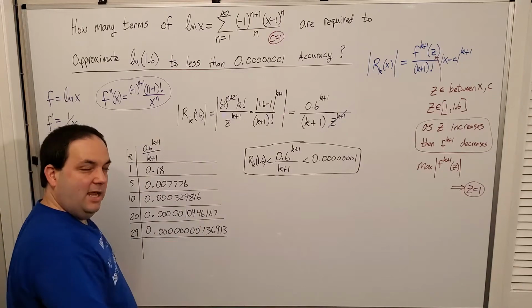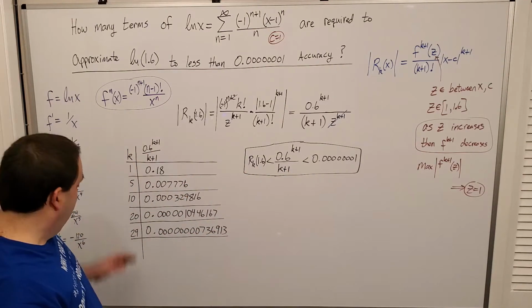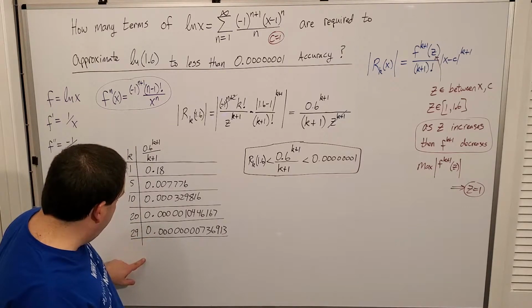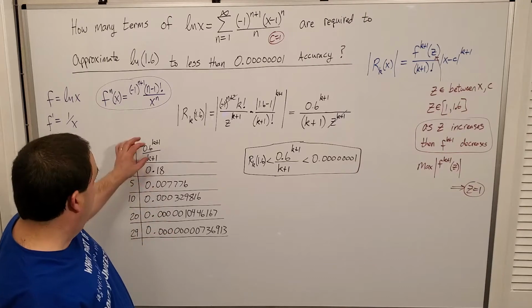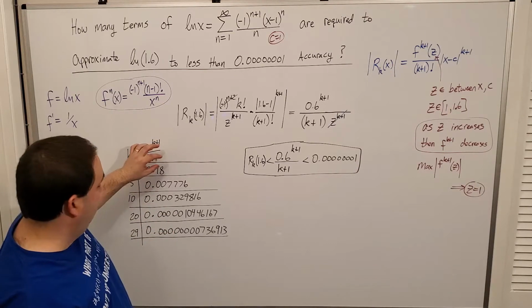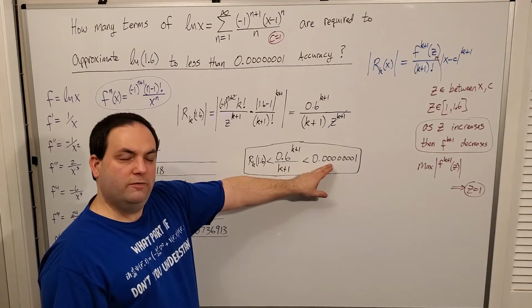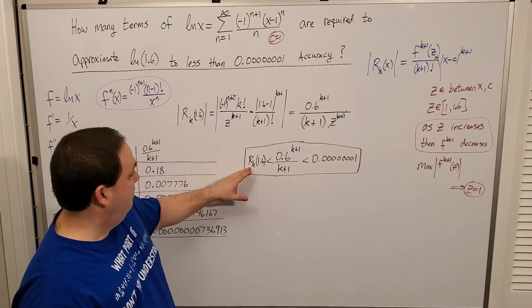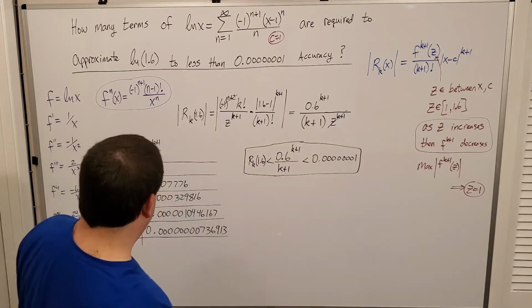So since they were in the same decimal place, it wasn't technically less. So right here at the 29 is where I can actually say this number right here, the error maximum calculation, is definitely less than the called for accuracy. And this is less than that, so therefore this is the guarantee.